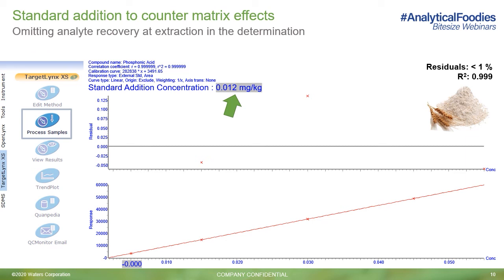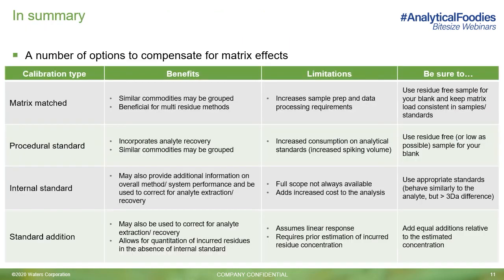So standard addition is another calibration method to consider when looking to compensate for matrix effects and achieve reliable quantitation of incurred residues. So to summarize the approaches to compensate for matrix effects we've just discussed, some of the main points are outlined in the table. For many multi-residue methods, one single option may not be sufficient based on the analyte and commodity scope.